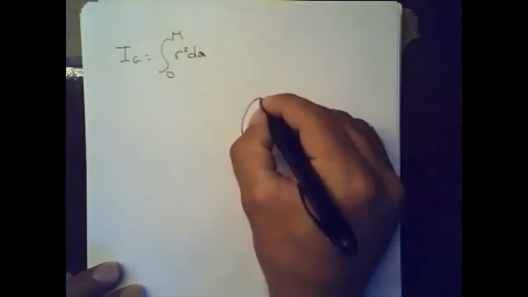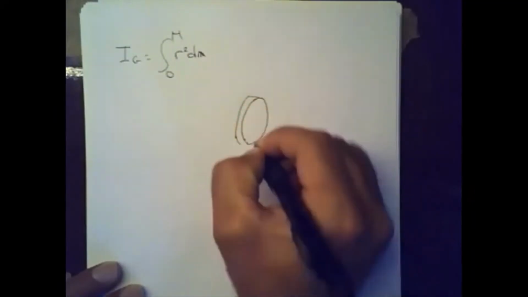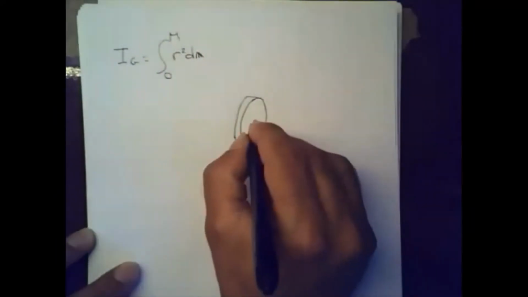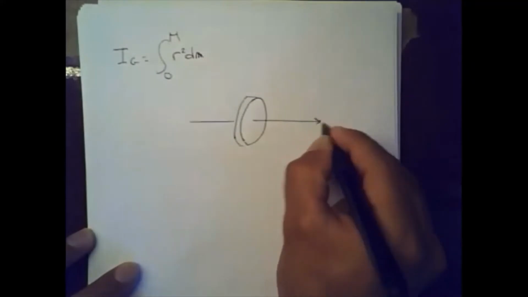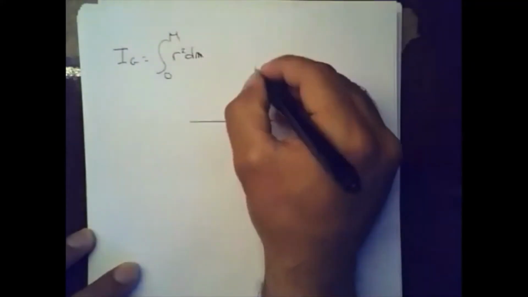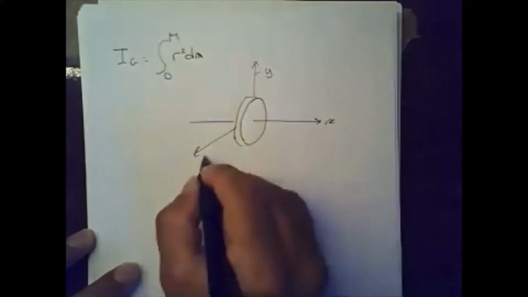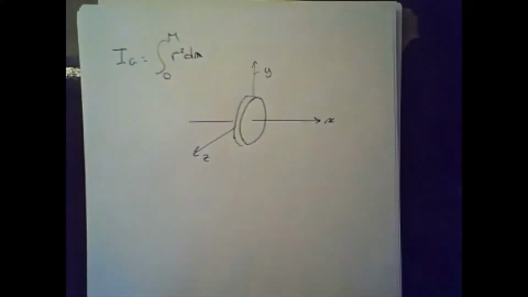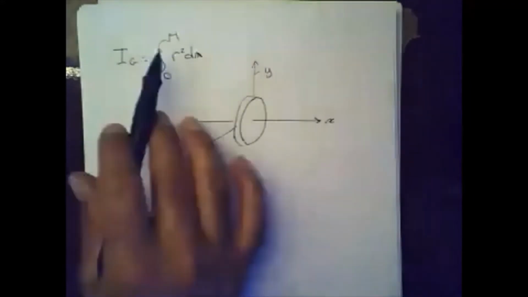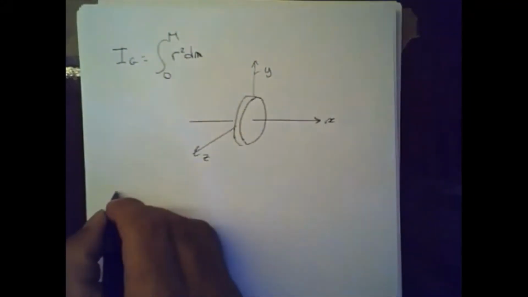In the case of a disk, let's say that disk could be rotating about different axes. Let's say this is my x-axis, this is my y-axis, and this is my z-axis. The rotational mass is defined by R squared dm.